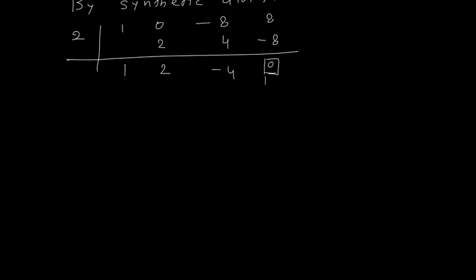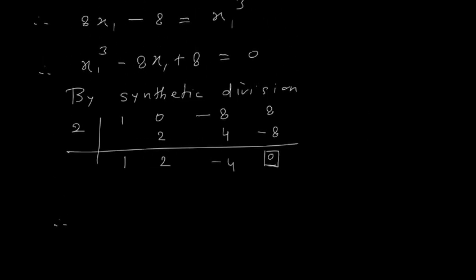Now I will say that therefore this x1 cube minus 8x1 plus 8 equal to 0. This implies x1 minus 2 into x1 square.